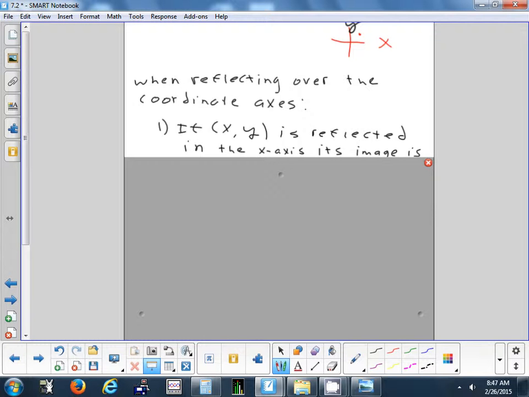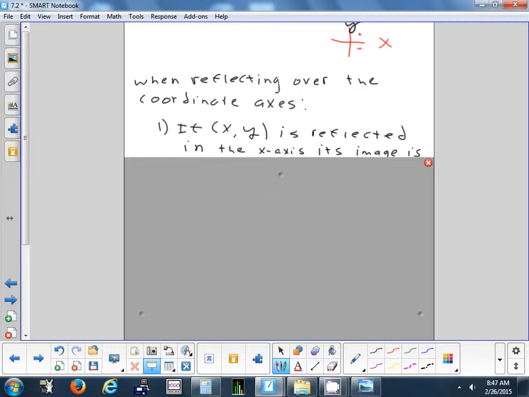If you reflect something over the x-axis, what part of that coordinate will stay the same? Selena? Yeah, the first number, the x value. If you reflect over the x, you put the point down here. The x value stays the same. How about the y value? What happens to that? Very simply, it becomes negative.